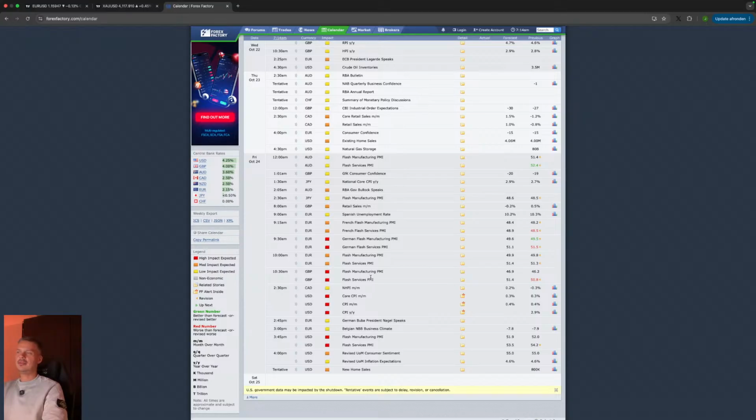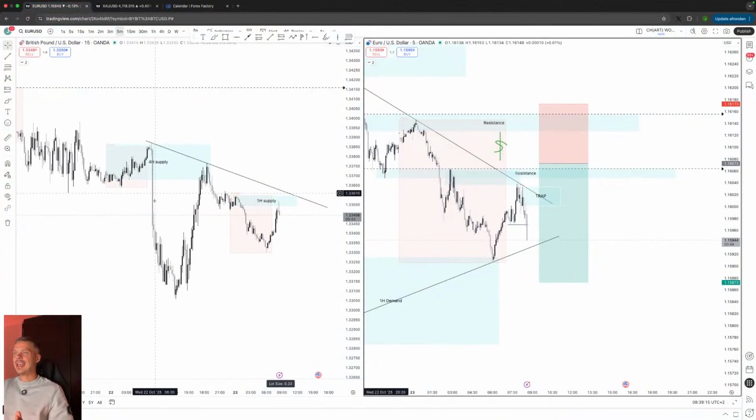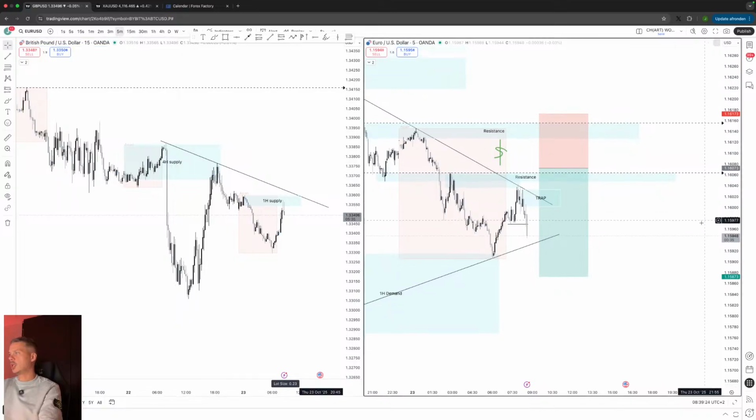Not going to trade it, just risky, especially with the US government data that may be impacted by the shutdown. There's the government shutdown, meaning that data can be released later, and what I saw from yesterday's price action is that Geo reacted heavily to its news, while normally it's not that heavy, right? So yeah, we have to be aware.